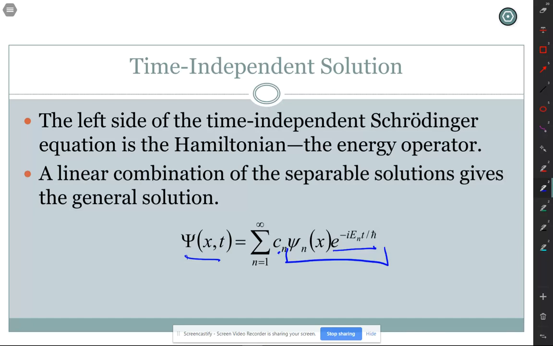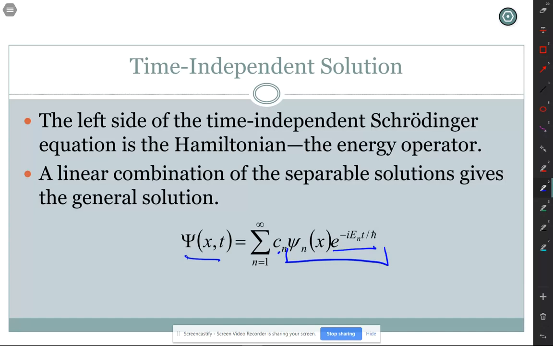And then the C sub n is going to depend on how we set up our system. If you have a set of atoms at a high temperature, the likelihood of it being n equals 1 is very low, because collisions are causing them to go to excited states. So it depends on how you prepare the system what the C sub n's are.